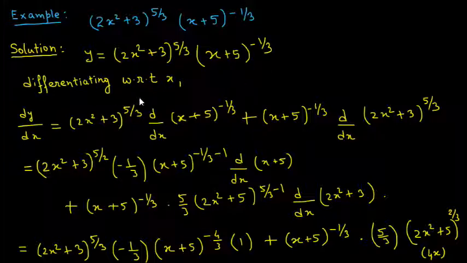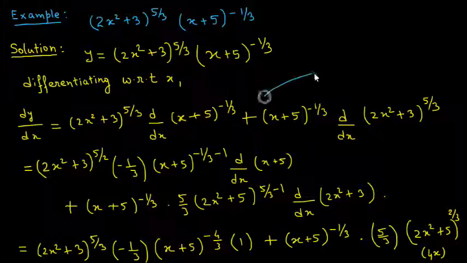Differentiating with respect to x, dy by dx is equal to (2x square plus 3) to the power 5 by 3 d upon dx (x plus 5) to the power minus 1 by 3 plus (x plus 5) to the power minus 1 by 3 d upon dx (2x square plus 3) to the power 5 by 3. So which formula are we using here?